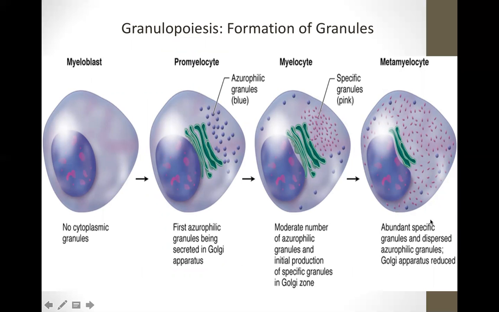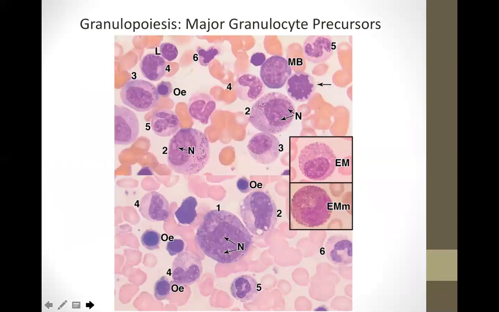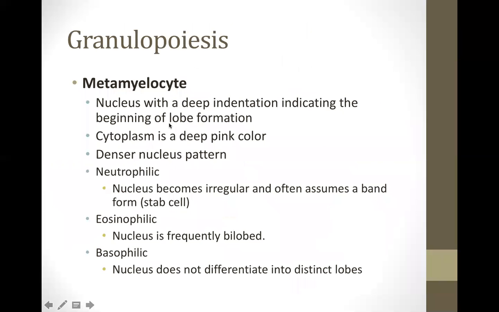In the metamyelocyte, there is abundance of specific granules. There is dispersion of the azurophilic granules. Tapos, in metamyelocyte class, there is the lobe formation already. The cytoplasm is a deep pink in color and the nuclear pattern becomes denser.